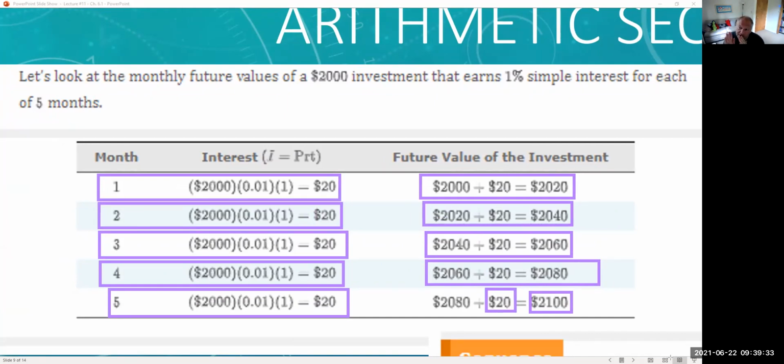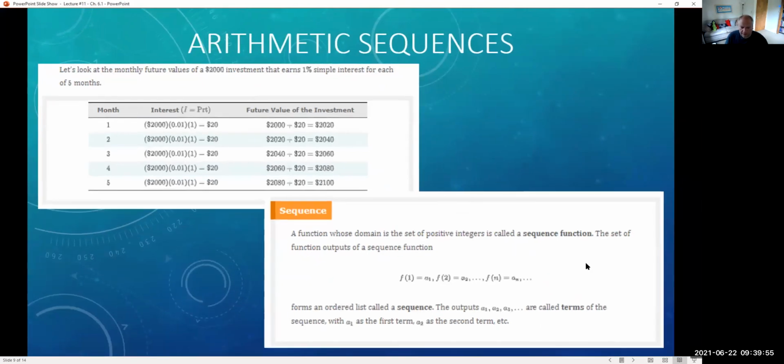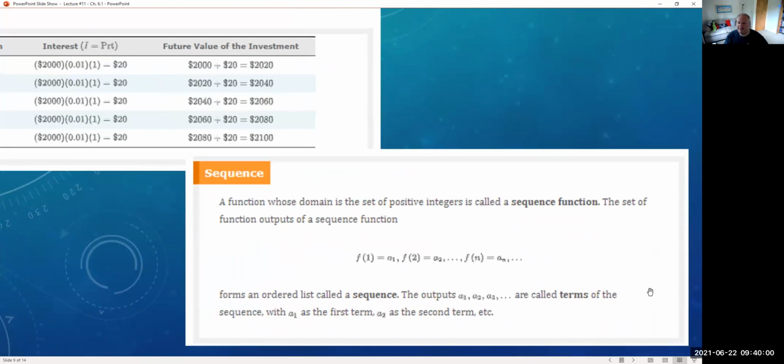Now I'm going to switch your attention from finance mathematics to more abstract and conceptual mathematics, where we have the idea of something called a sequence or a series. A sequence or a series works like this: we give you an original amount, and we keep on adding or subtracting the same amount to it each time. A sequence is a function whose domain is the set of positive integers, called the sequence function.